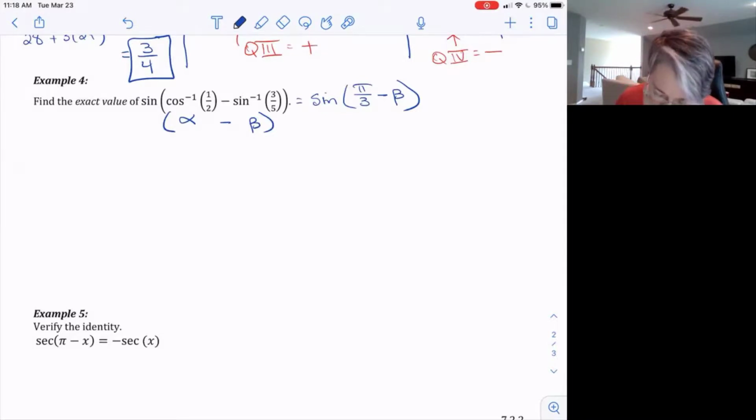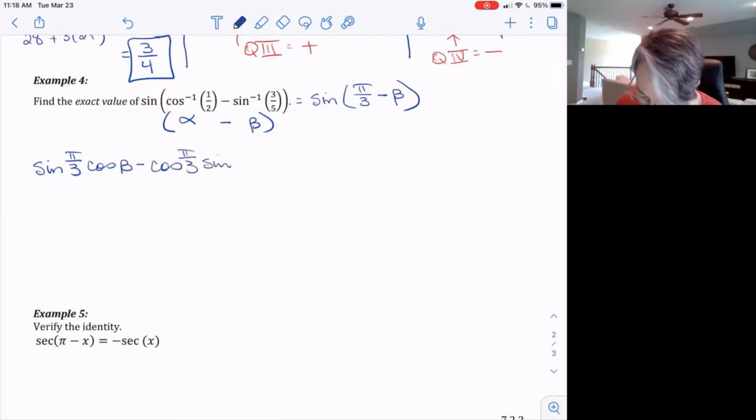If we were to plug that into our difference formula, we would get sine of pi over 3 times cosine of beta minus the cosine of pi over 3 times the sine of beta. Well, the sine of pi over 3 and the cosine of pi over 3, we know. Those are values that we're familiar with. Sine of pi over 3 is rad 3 over 2.